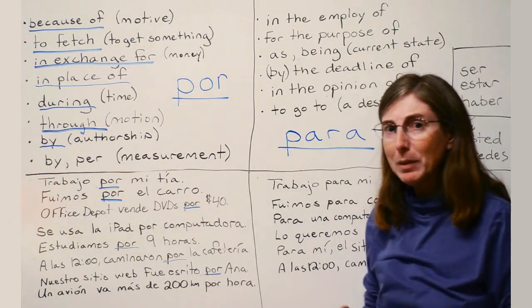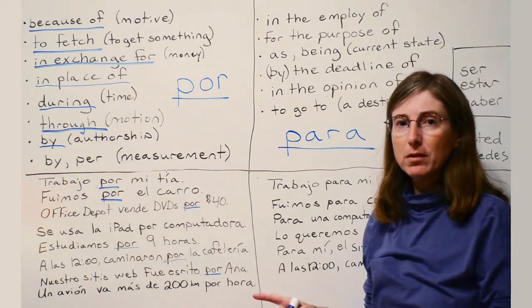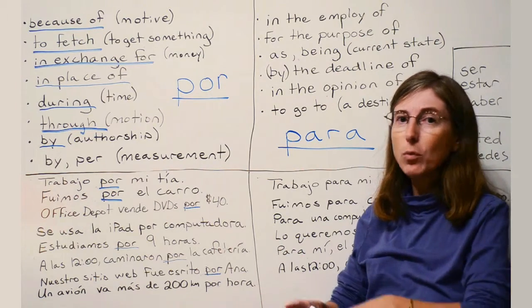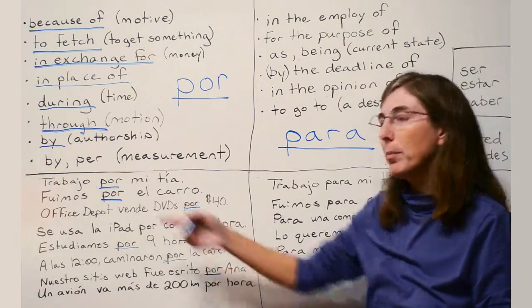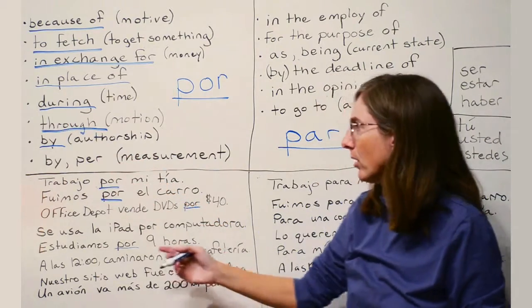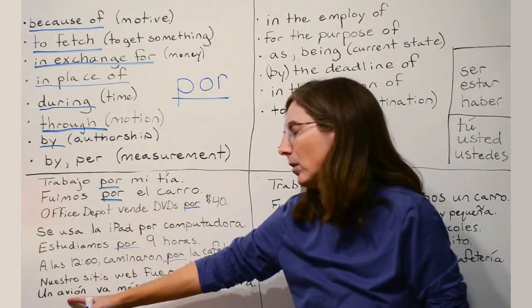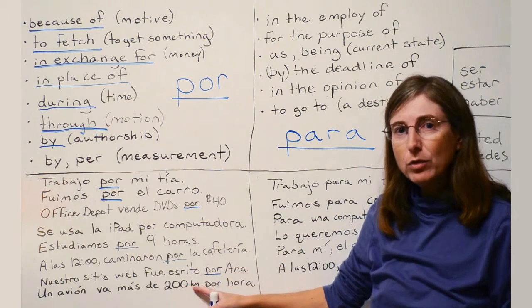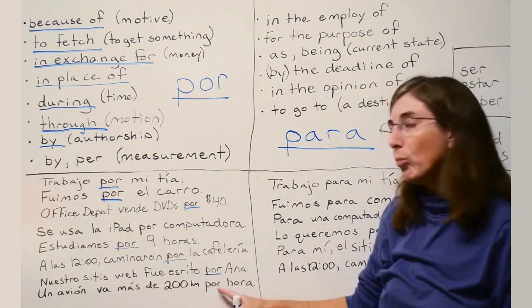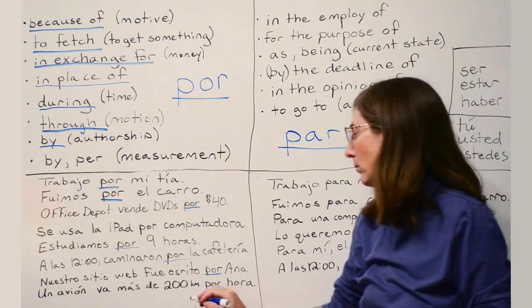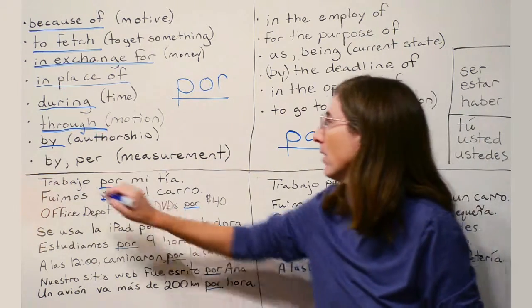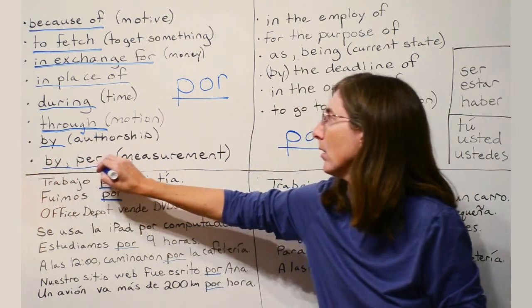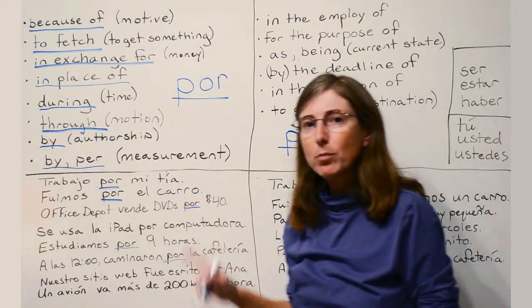And it can also mean by as in measurement, like a 2 by 4 board, or per as in miles per hour. Un avión va más de 200 kilómetros por hora, per hour. So these are some of the meanings for por.